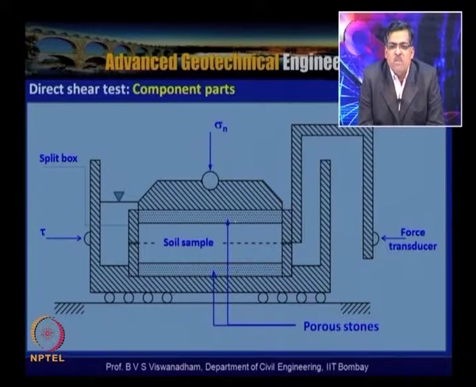Depending upon the type of the soil, whether it is a dense soil or a loose soil, the pattern of the stress curves changes. Similarly, if you have an undisturbed sample, let us say an over consolidated soil or a normally consolidated soil, the shear stress versus shear strain variation is subject to change.